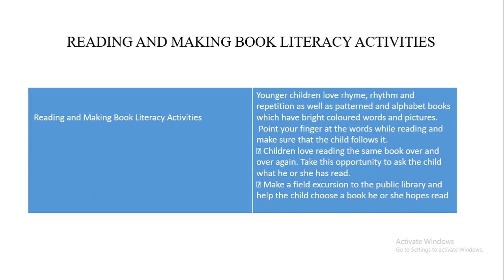Children love reading the same book over and over again, so take this opportunity to ask the child what he or she has read. You can also take the children on a field excursion to the public library and help the child choose a book he or she hopes to read.